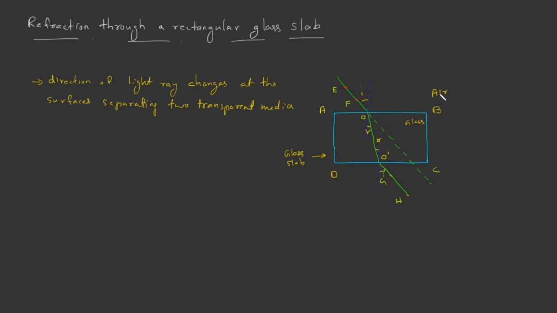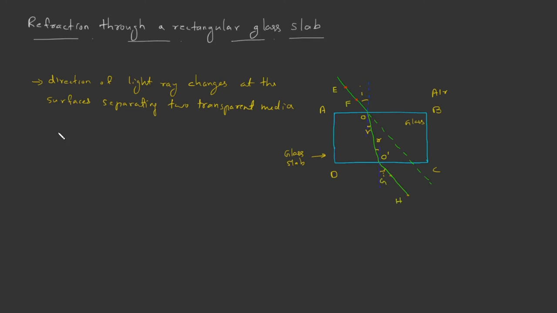We know the air is rarer when compared to glass, or glass is denser compared to air. So we can observe when light travels from air to glass, the ray bends towards the normal.